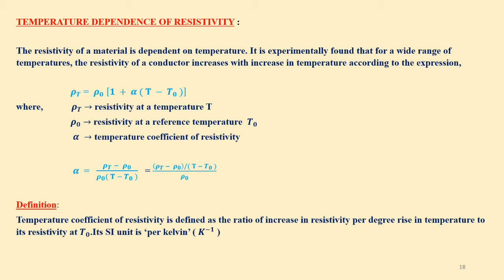Also, rho T represents resistivity at a temperature T and rho naught is the resistivity at a reference temperature T naught, which is less than T.